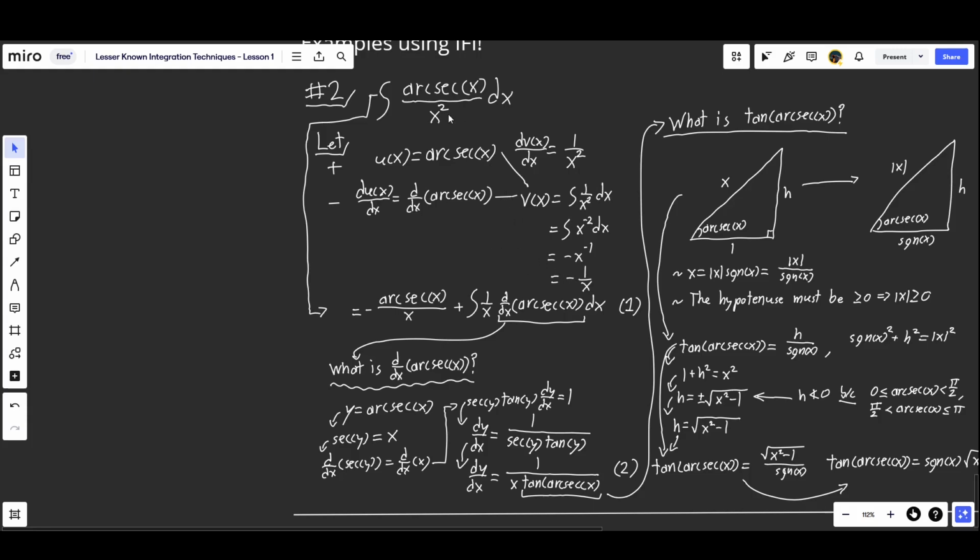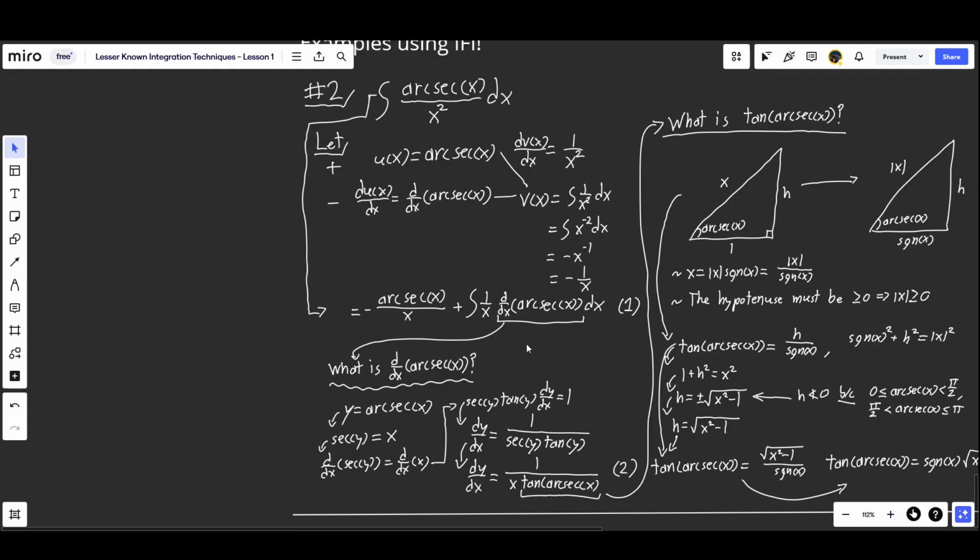At this point, integration by parts tells us that the indefinite integral of arcsecant of x over x squared with respect to x will equal arcsecant of x times negative 1 over x, plus, because this negative sign and this negative sign will cancel out, plus the indefinite integral of 1 over x times the derivative of arcsecant of x with respect to x, with respect to x.